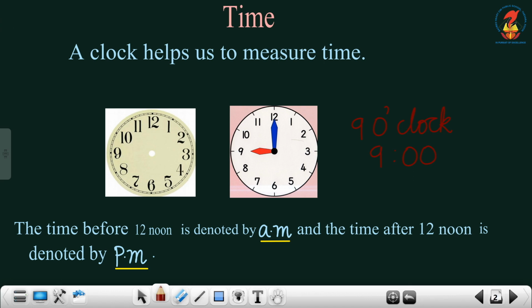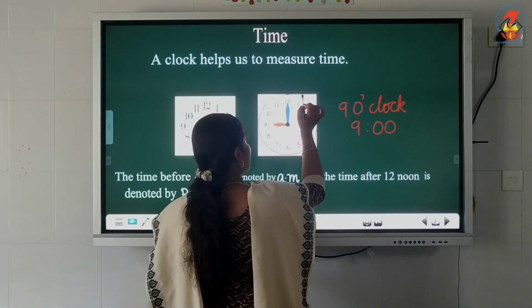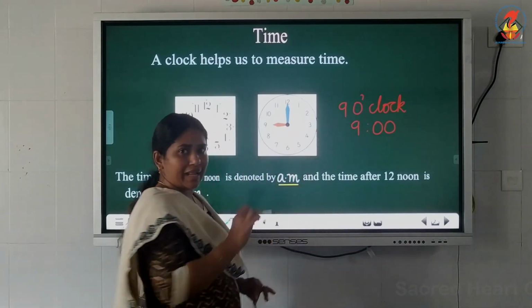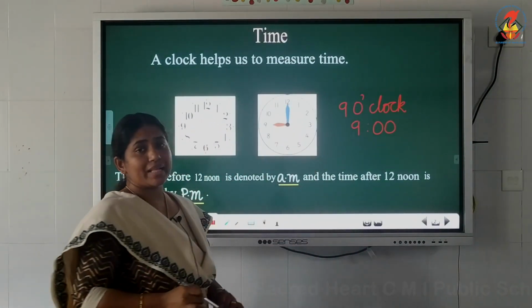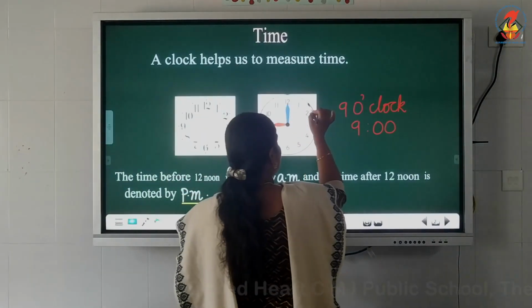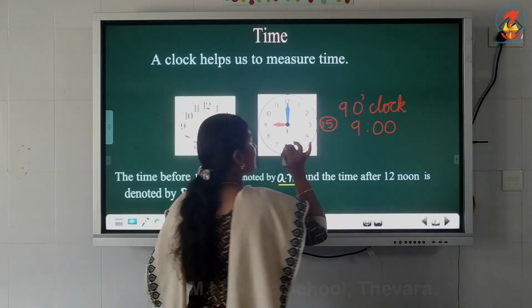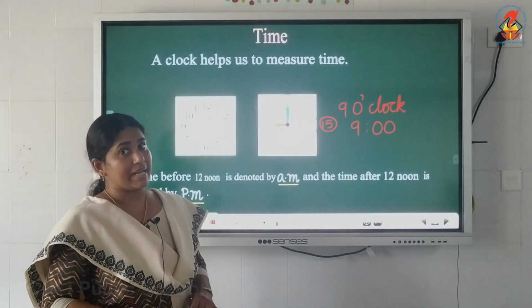We are calculating the minutes. So when it is on 1, the minute is 5 minutes, and if it is on 2, 10 minutes, and the minute hand is on 3. What is the minute then? After 5, 10, then comes 15. So when the minute hand is on 3, it is actually 15 minutes.